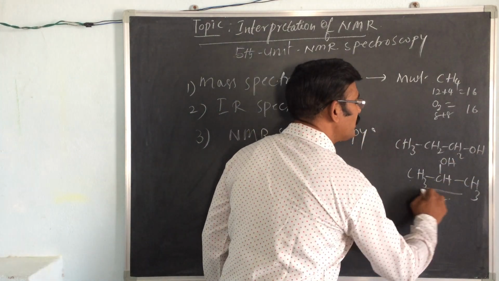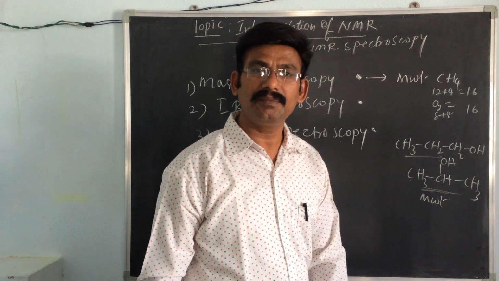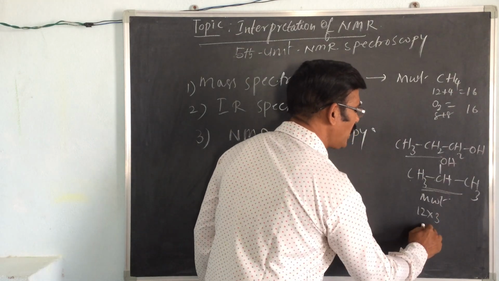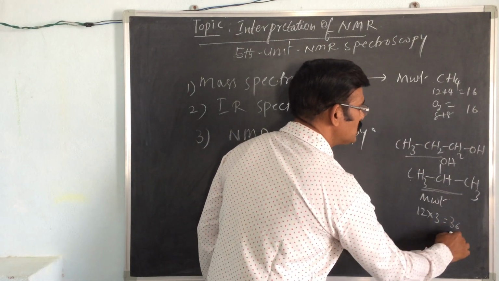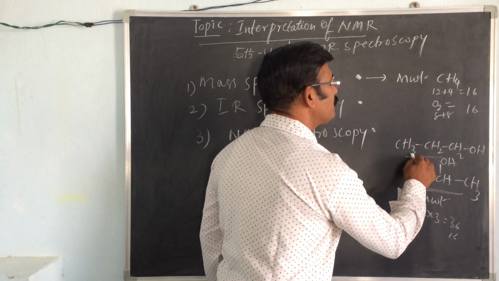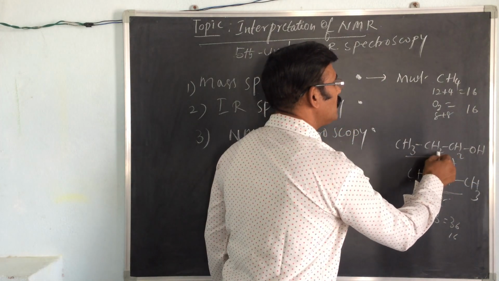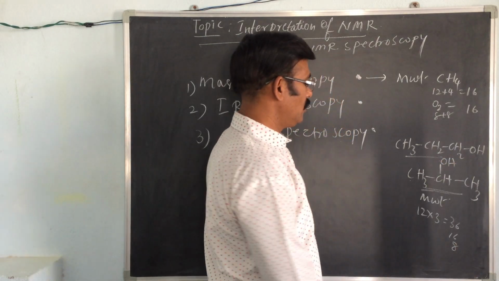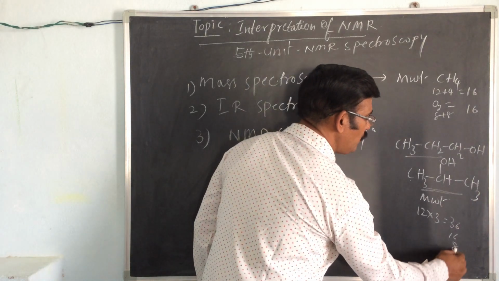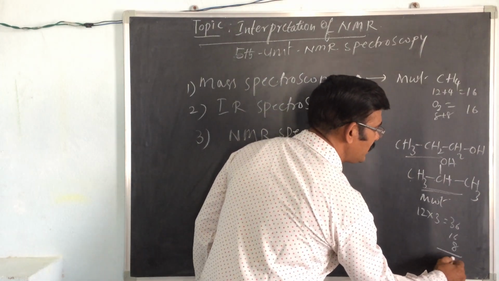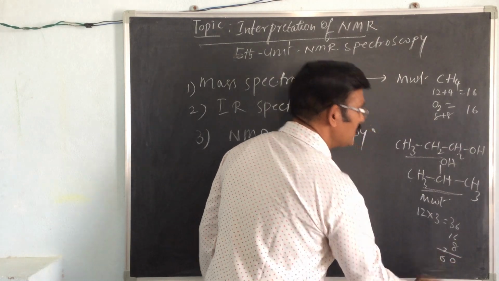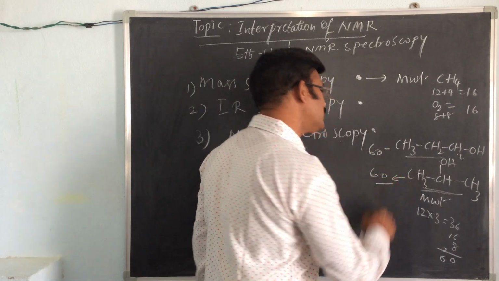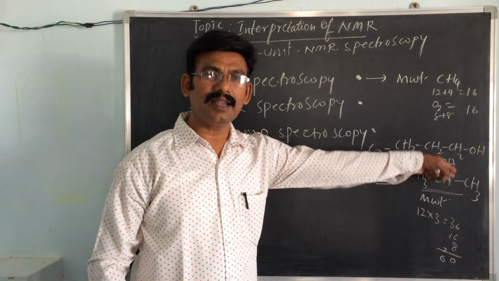But the structure is different. Molecular weight how much? 12 into 3 carbons, 1 oxygen 16, and hydrogens 8. So total 12 times 3 is 36, plus 16 is 52, plus 8 is 60. So the molecular weight of this compound is 60 and the molecular weight of this compound is also 60. But the structure is different.